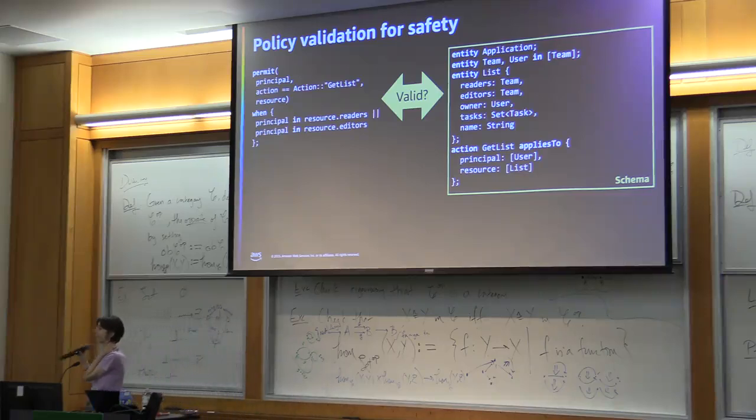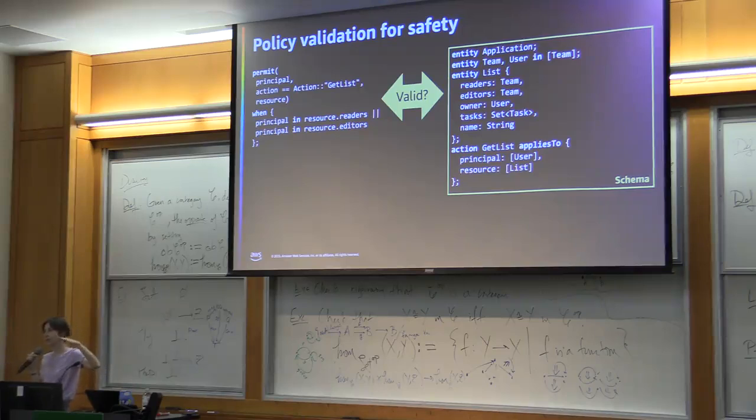So does the user of Cedar need to write the right schema? Yes. The developer who builds the app writes the schema and writes the policies. In the real world, the people who develop the schema and the people who write the policies may not be the same people. There may be like 50 people on one side, 60 people on the other side.